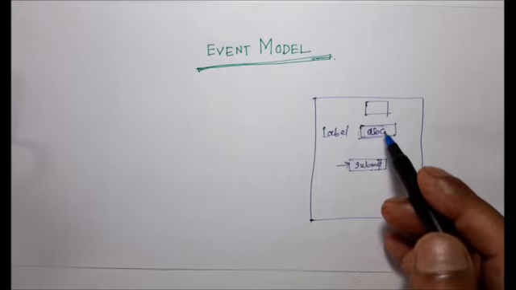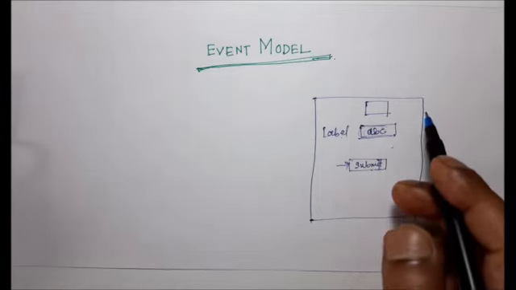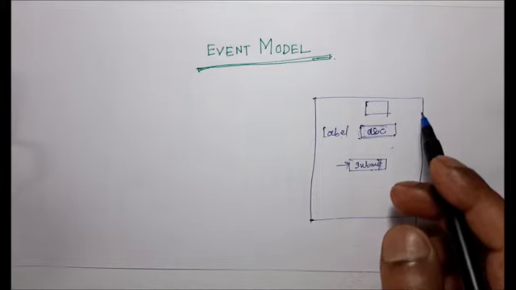Many options can happen, depending on the event generator. So the only one line we have to remember is that an event is an object, nothing else. An event is an object that describes the state change in a source.